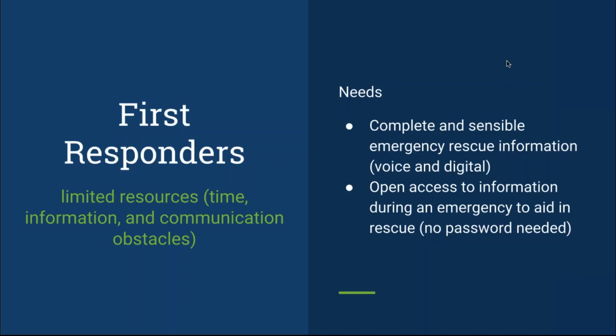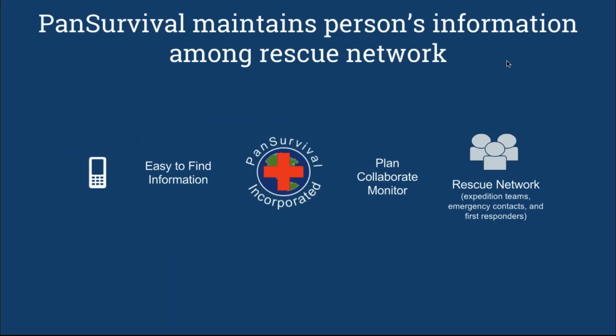the first responders. And then if we go to the next slide, we can show how PanSurvival does this. On the left-hand side, it allows emergency first responders to be reached by phone, which can take voice or digital.